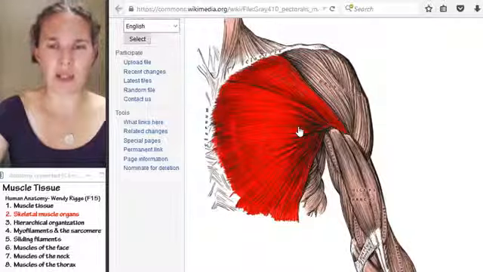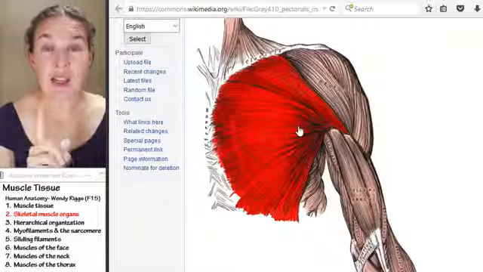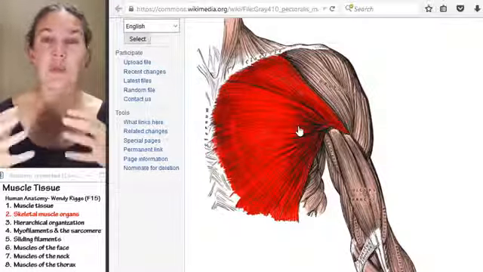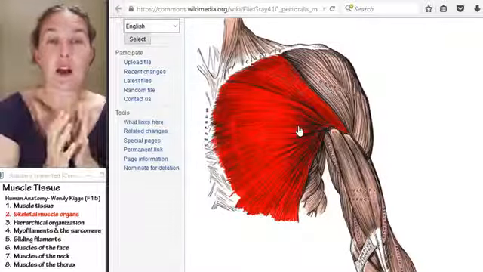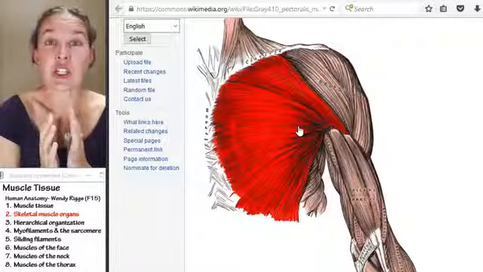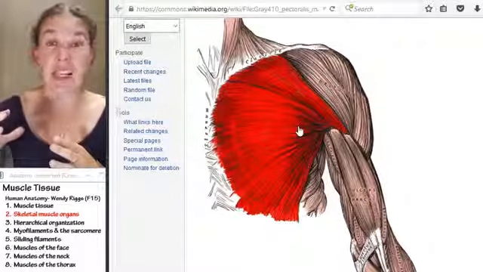Now, let's see, what else do you need to know? Usually, muscles come in pairs. They come in movement pairs. One muscle causes one movement, say adduction, and the other muscle in the pair causes abduction.